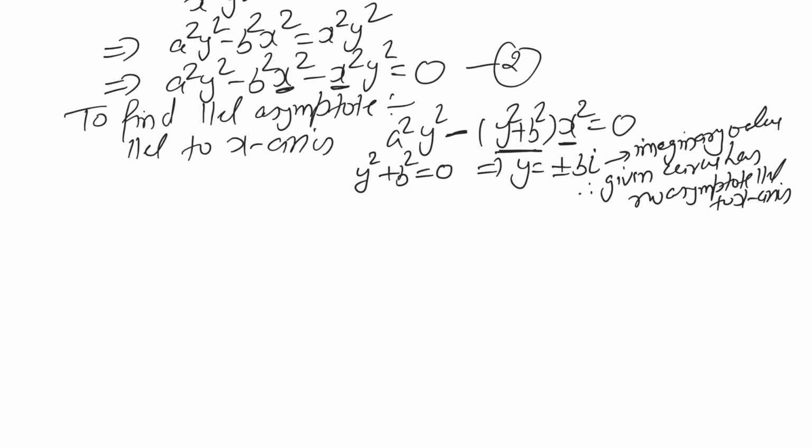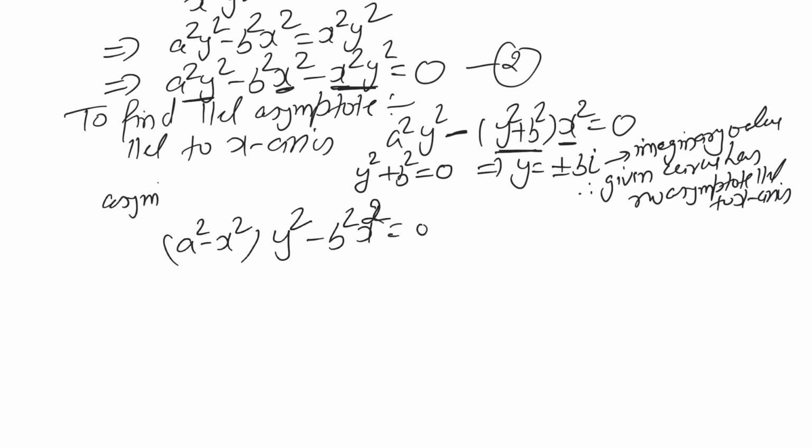In this case, we write equation number 2 by collecting the highest degree in y. Equation number 2 can be written as (a square minus x square) y square minus b square x square is equal to 0. That is the asymptote parallel to the y-axis. The coefficient of the highest degree in y is equated to 0.